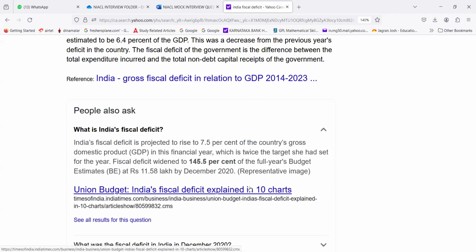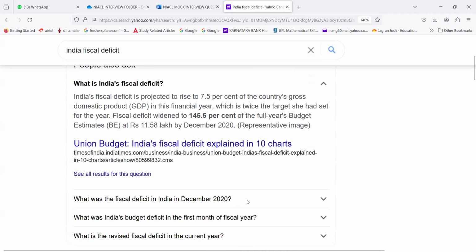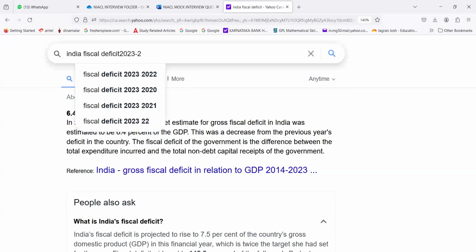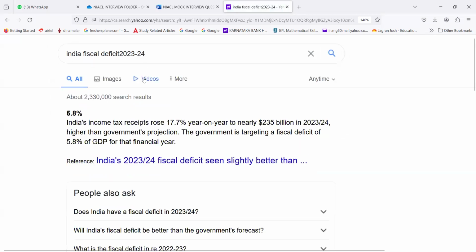India's fiscal deficit is projected to rise to 7.5% of the country's gross domestic product in this financial year, which is twice the target she had set for the year. Fiscal deficit widened to 145.5% of the full year's budget estimates. No, actually, this year we should see 2023-24. What I am reading is the old one.